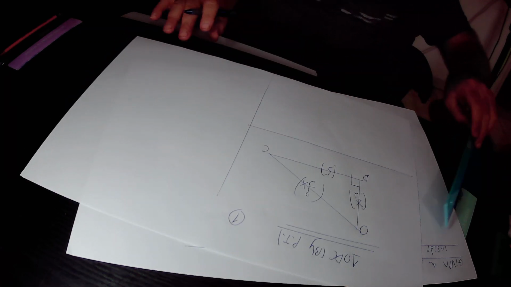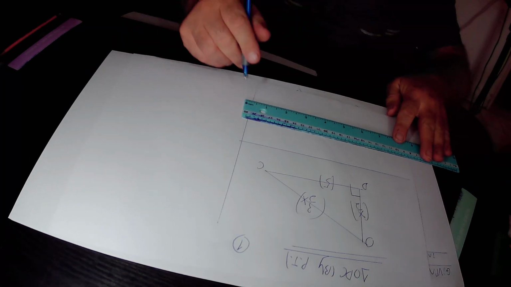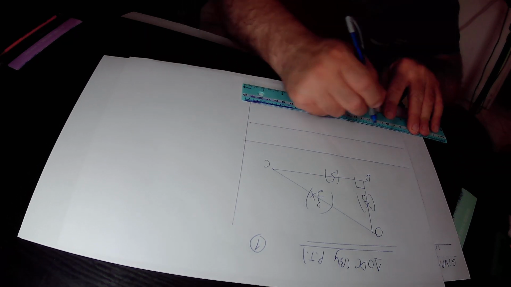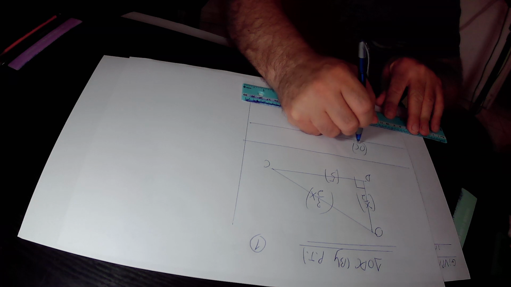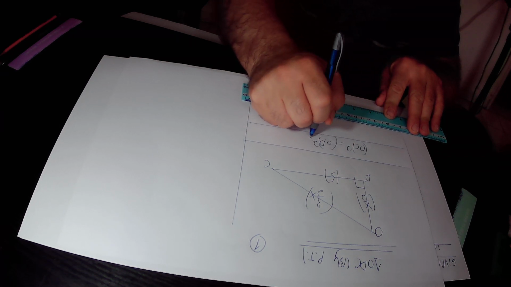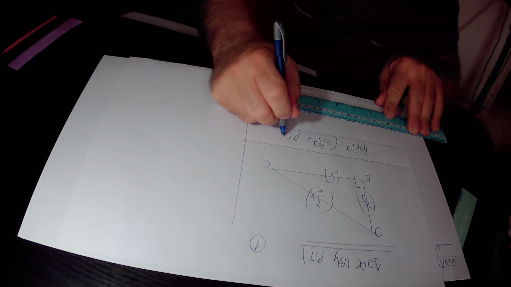OC square, that is the square of the hypotenuse, equals OD square plus DC square.